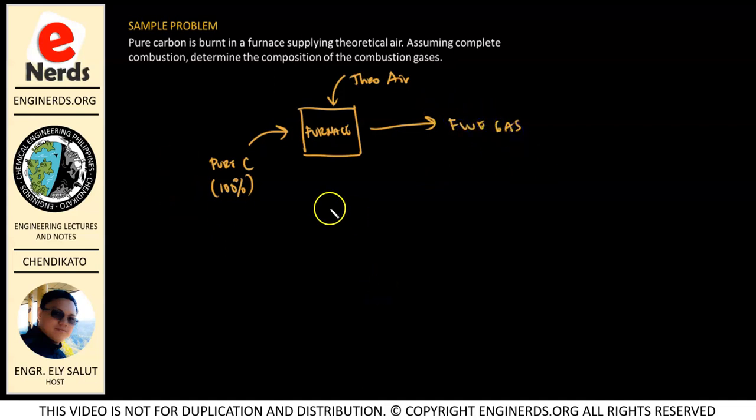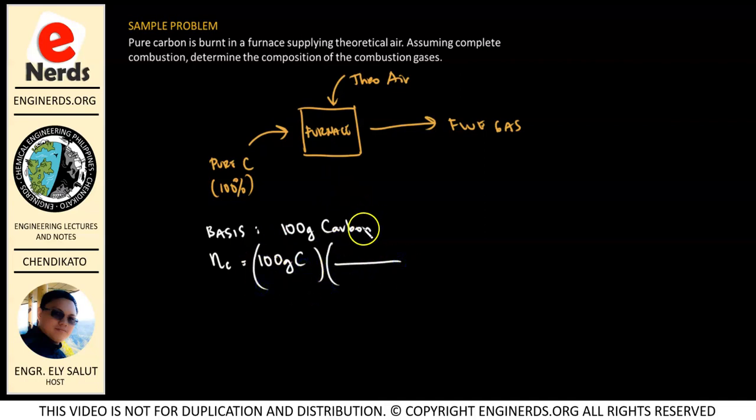Okay, so first thing to do is to have a basis. Since we have a solid fuel here, my basis will be 100 grams of carbon. Okay, so we have pure carbon here, no? So, first is to get the number of moles of carbon. So, 100 grams of carbon.